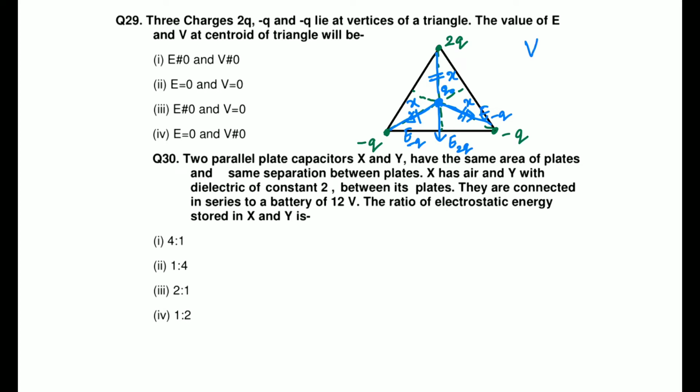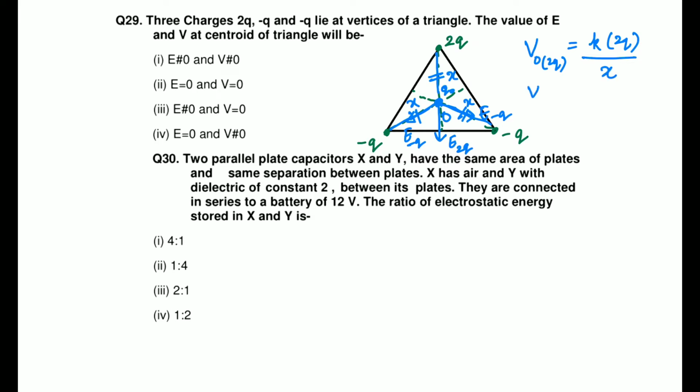So let me call this point O. The potential at O because of your 2q charge will be simply given as, yes, what will be the value? This will be k times 2q upon x. Yes or no?